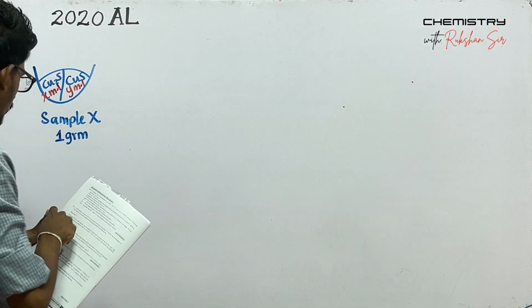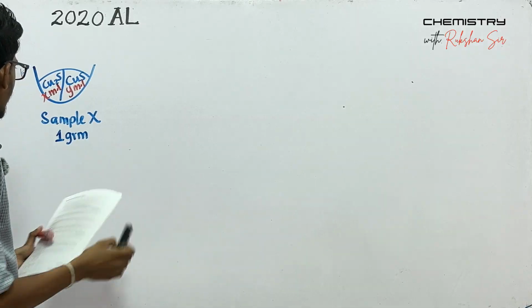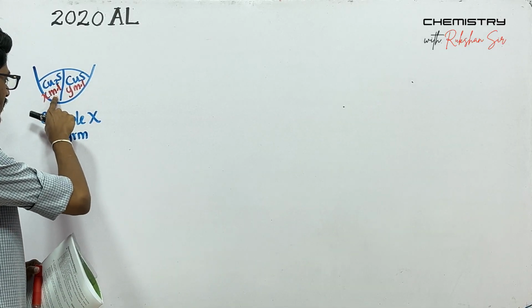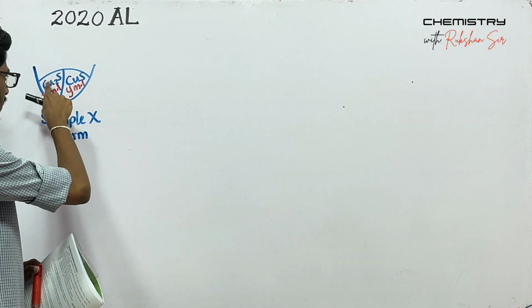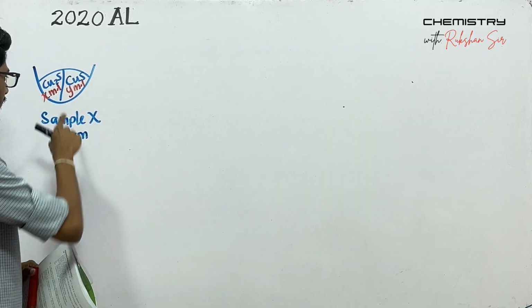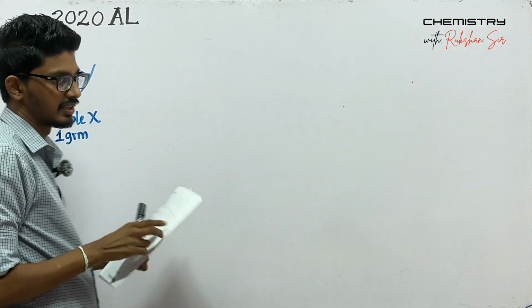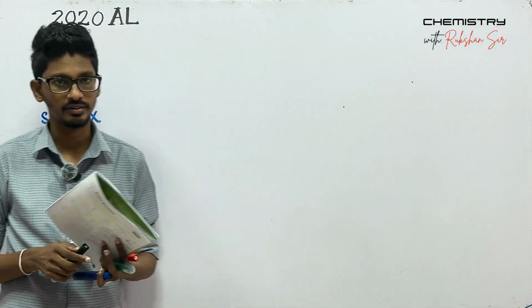If we can find this X, we can convert the moles to mass with the use of its molecular weight in g mol^-1, and then we can find the percentage. That is what we are supposed to do here.